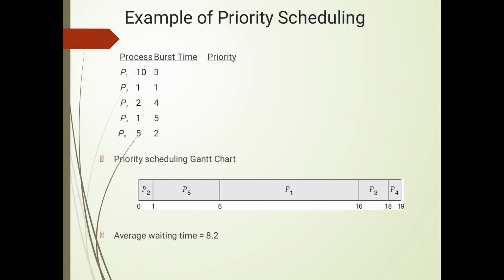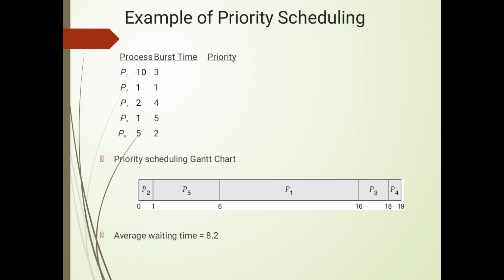For example, in priority scheduling, consider five processes P1, P2, P3, P4, P5 that are going to execute. The burst times are 10, 1, 2, 1, 5. The priorities are 3, 1, 4, 5, 2.